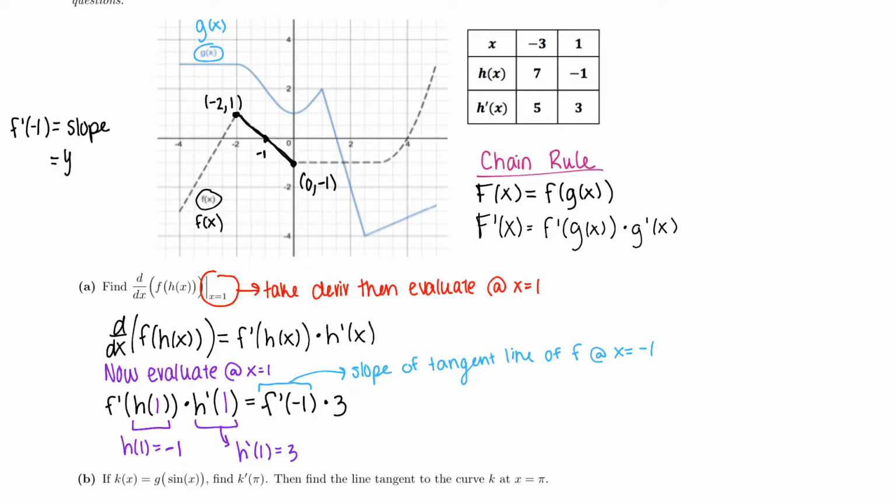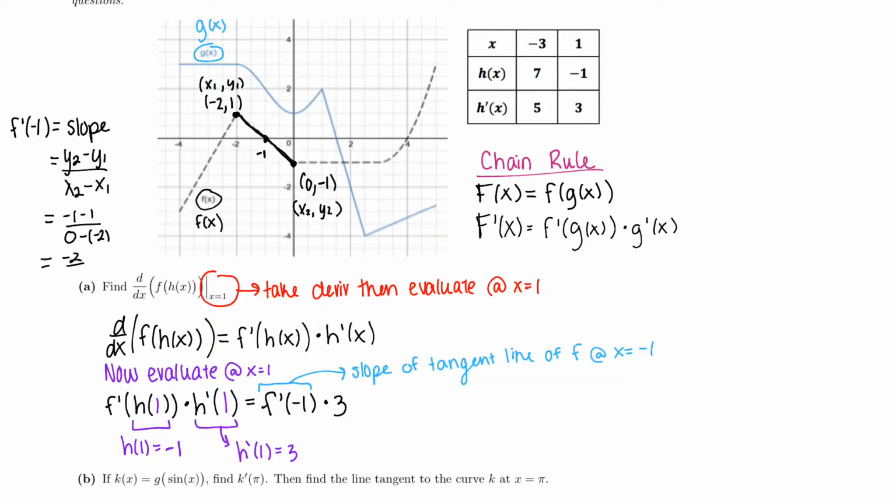So you're doing y2 minus y1 over x2 minus x1. y2, and it doesn't matter how you label these. This could be x2, y2. This could be x1, y1. So y2 is negative 1 minus y1 is 1. x2 is 0 minus x1 is negative 2.